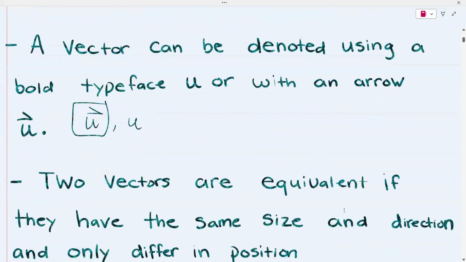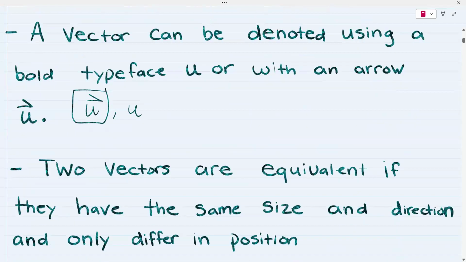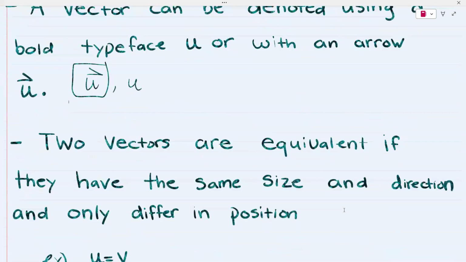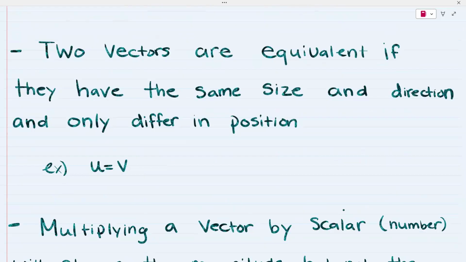Two vectors are equivalent if they have the same size and direction and only differ in position. For example, vector U is equal to vector V. An example could be vector U expressed like this.